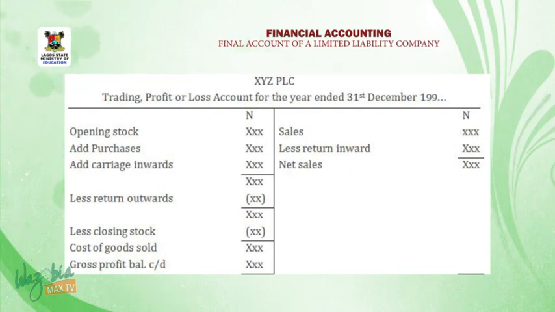On the credit side, we have our sales, less return inward, and we get our net sales. We now compare our net sales against cost of goods sold. Where the net sales is greater than cost of goods sold, we have our gross profit. This is added to cost of goods sold on the debit side, and we get a total. The net sales is extended downward to get a total too. Below it, we have our profit or loss account.